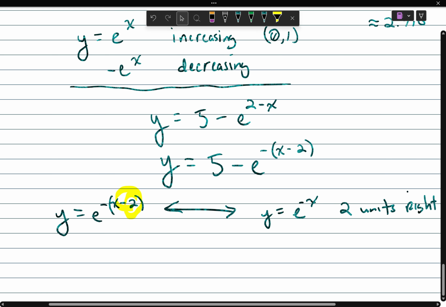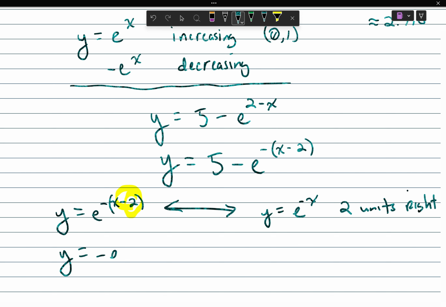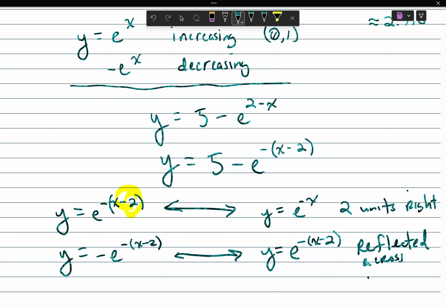All right, the next one, if we look at the graph of y is equal to negative e raised to the negative quantity of x minus 2, what is that? That's basically the graph of y is equal to e raised to the negative quantity of x minus 2, reflected across the x-axis.